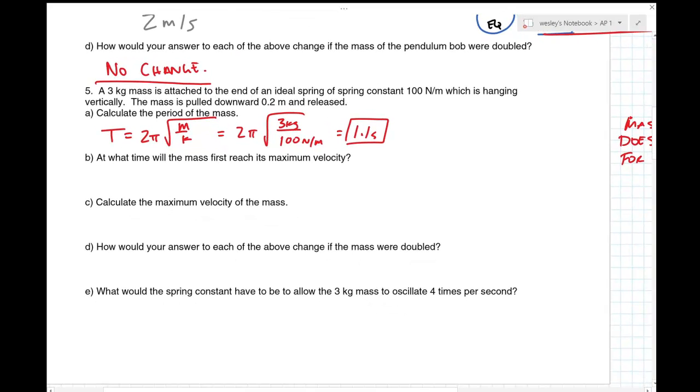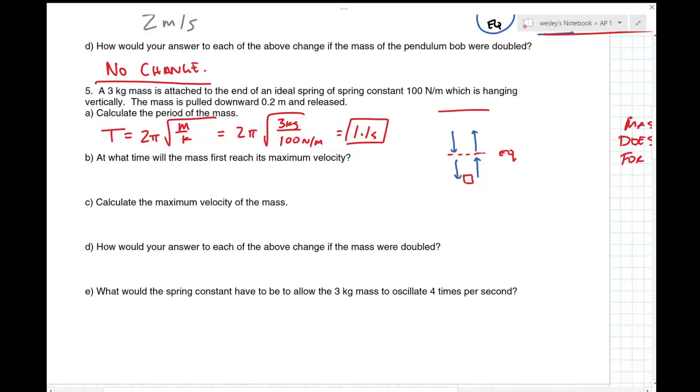At what time will it reach its first maximum velocity? If we look at it, we've got equilibrium. We're going to start off below equilibrium. If we take a quick look at what's going on, we go up to equilibrium, we go past it to another amplitude, back down to equilibrium, and back down to our starting point.